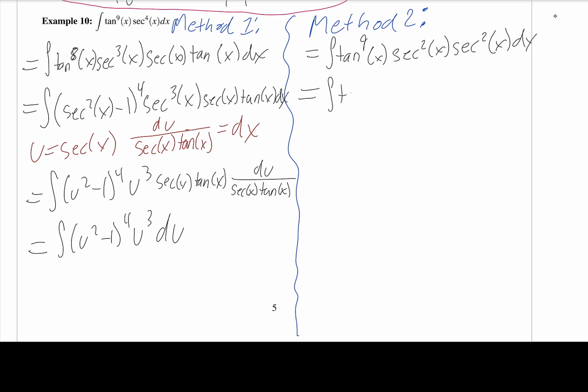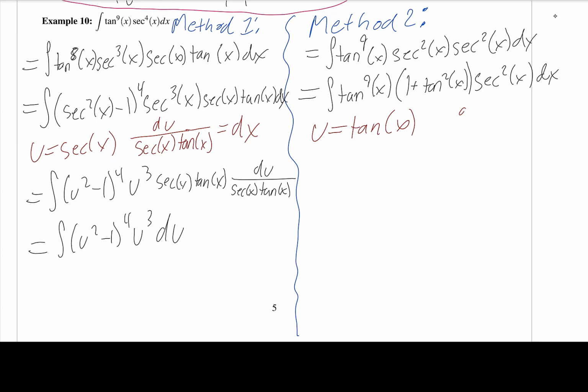So this becomes tangent to the 9th of x. Remember, secant squared is equal to 1 plus tangent squared. So this is 1 plus tan squared of x, secant squared of x, dx. Now we use the u sub of u equals tan of x, which means du over secant squared of x is equal to dx.